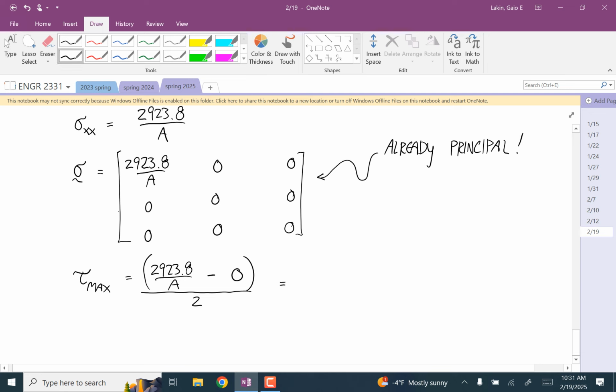And so you get, well, can you divide that by 2 for me? 1461.9. Oh, 0.9. Yeah. I'm on tilt now. Okay, so there's the maximum shear stress.